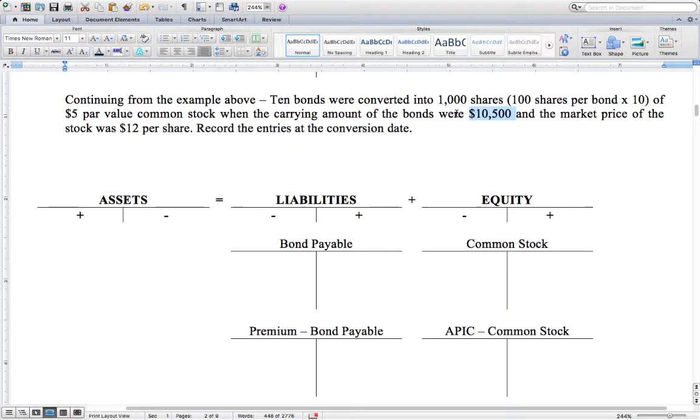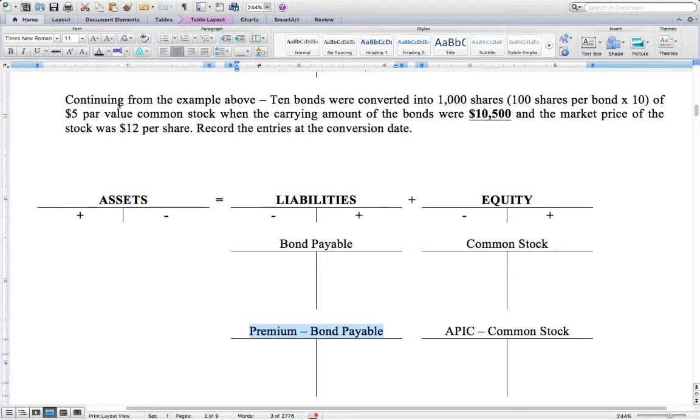This balance, the 10,500, represents the $10,000 that were in the bond payable from above, plus 500 of the premium on bond payable that is remaining. So the other 500 is amortized off, but you need to know that the carrying amount of the bond itself is the bond payable plus the premium on bond payable.